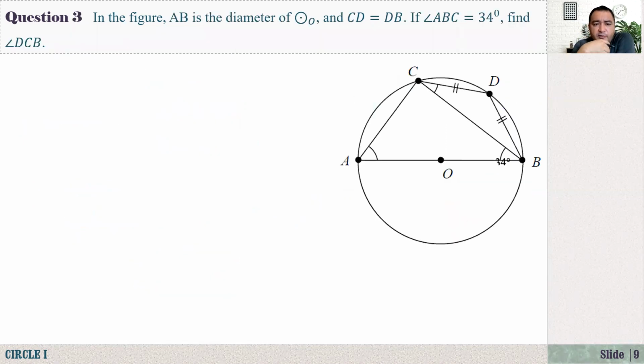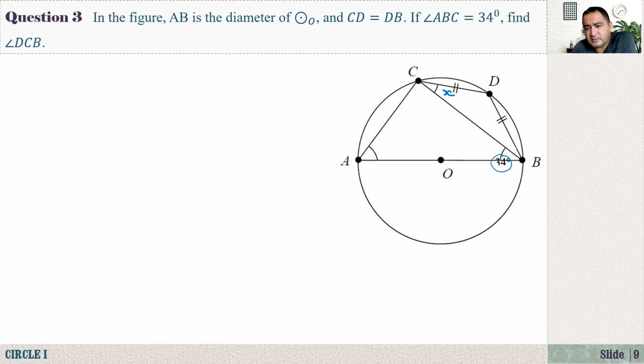Another example. In the figure, AB is the diameter of the circle, which is centered at O, and CD is equal to DB, as you see. And angle ABC is 34 degrees. So we are talking about this angle, 34 degrees. Find angle DCB. We should find this angle. Let's say it is x.